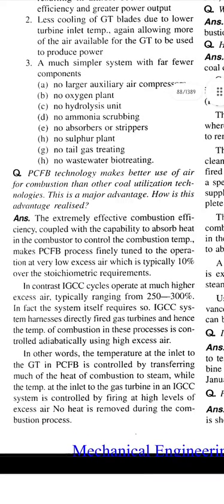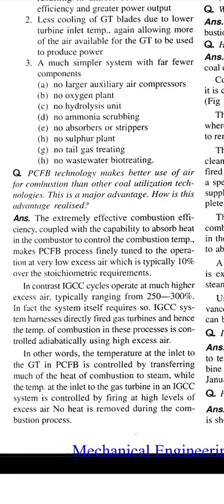Answer: the extremely effective combustion efficiency coupled with the capability to absorb heat in the combustor to control the combustion temperature makes the PCFB process amenable to operation at very low excess air, which is typically 10% over the stoichiometric requirements. In contrast, IGCC cycles operate at much higher excess air, typically ranging from 250 to 300%. In fact, the system itself requires so.